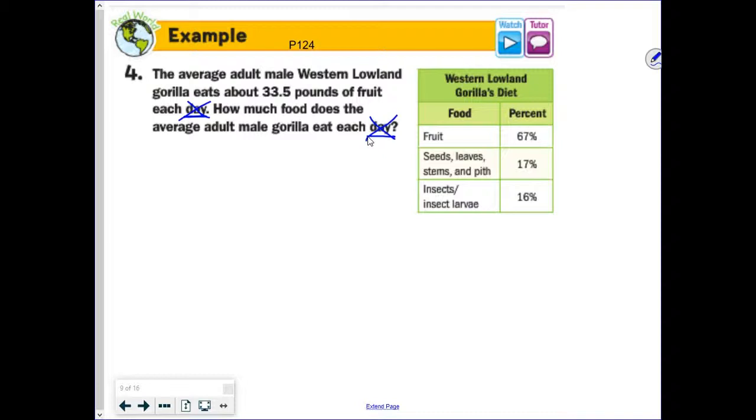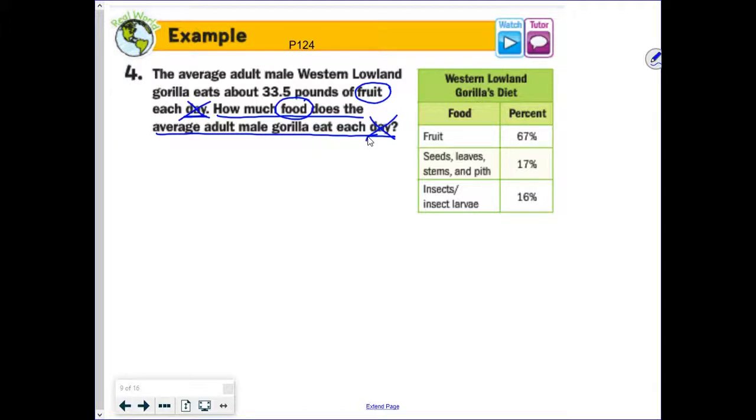So I must look and go further. It says, how much food does the average adult male gorilla eat each day? So how much food does he eat? Food might be considered the whole, and fruit might be considered part of food. So I can see that food is the whole amount and fruit is part of it.